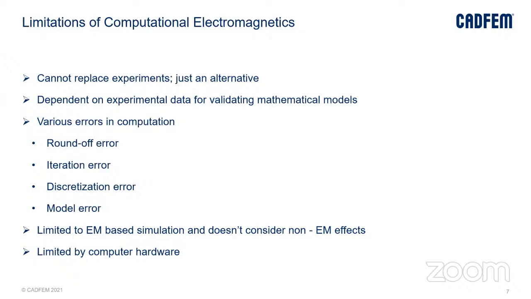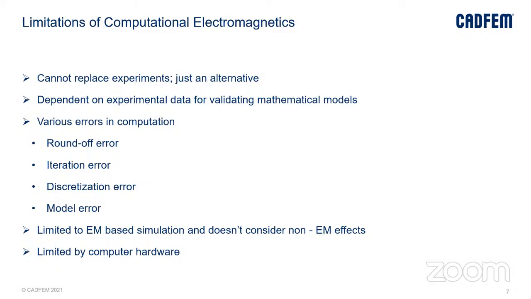experimenting is necessary. Also, some of the errors that can occur in computational electromagnetics are due to round-off error, iteration error, discretization error or model error.